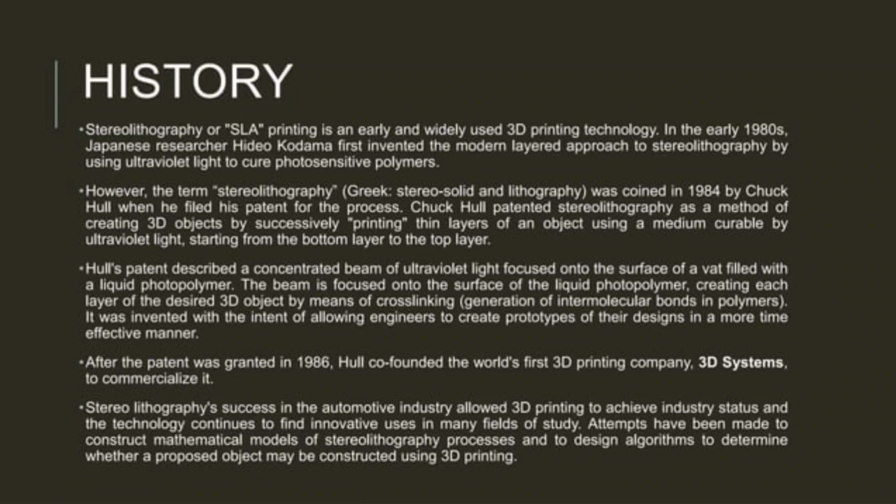However, the term stereolithography was coined in 1984 by Chuck Hull when he filed his patent for the process. Hull's patent described a concentrated beam of ultraviolet light focused on the surface of a vat filled with liquid photopolymer. After the patent was granted in 1986, Hull co-founded the world's first 3D printing company, 3D Systems, to commercialize it.